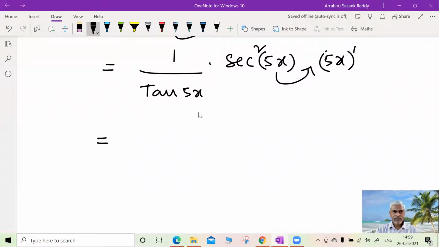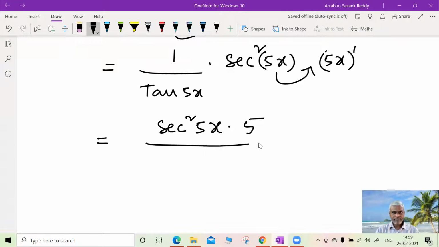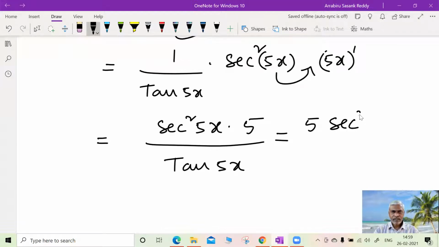So this is sec square 5x, 5x differentiation is 5, by tan 5x. So you can leave it as it is, or this is 5 sec square 5x.